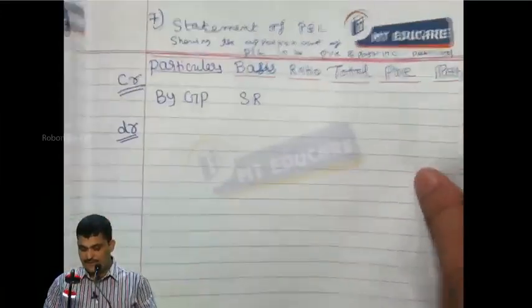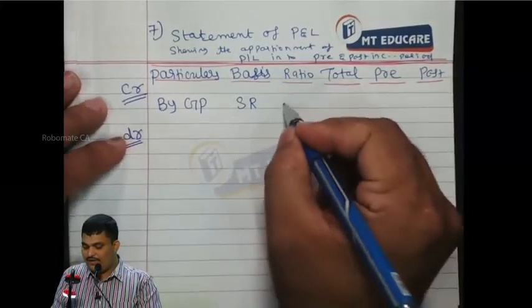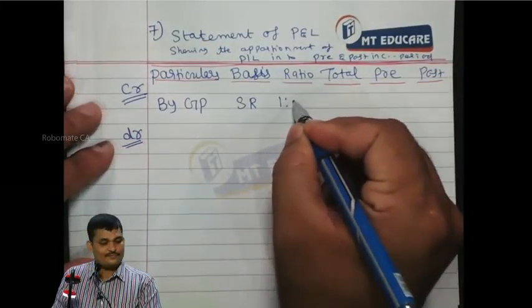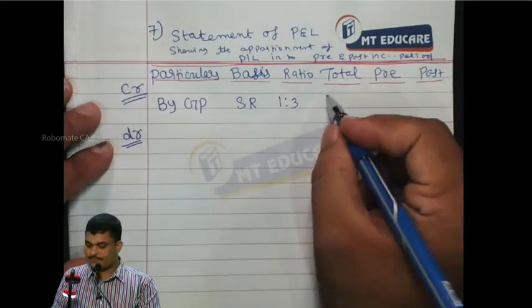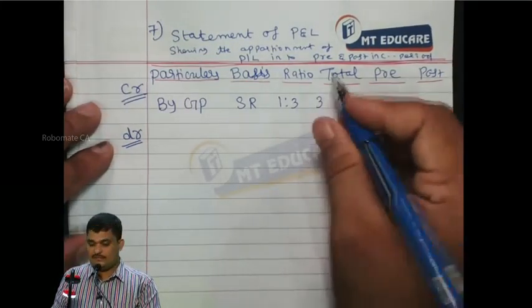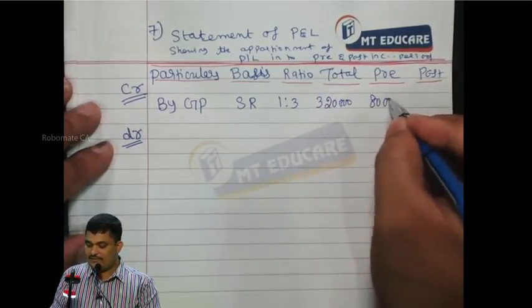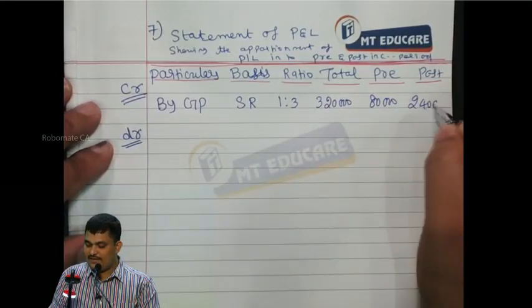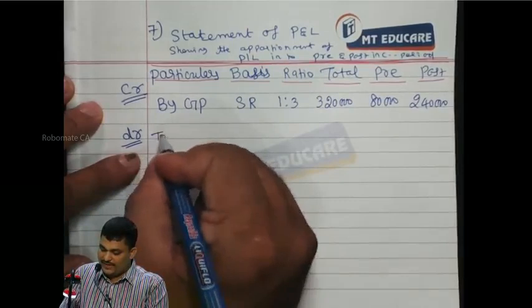Please listen. So it is gross profit, sales ratio 1:3, total 3,20,000, 80,000, 2,40,000. Now, other items, please help me out. Salaries.